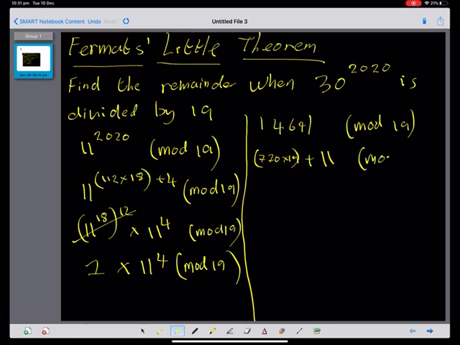Anything multiplied by 19 in mod 19 is 0. So our final answer is 11 in mod 19. So, by Fermat's little theorem, the remainder of 30 to the power of 2020, when divided by 19, is 11.